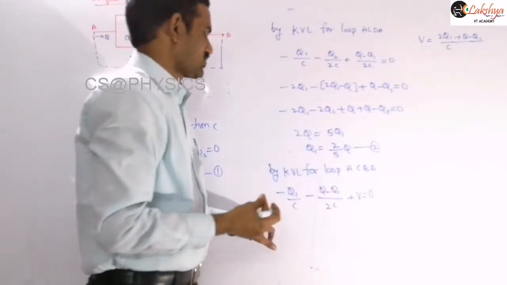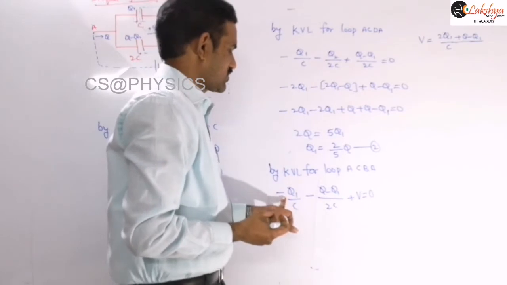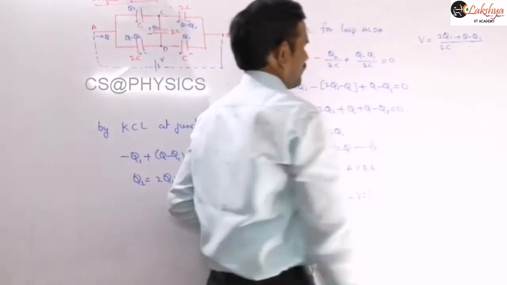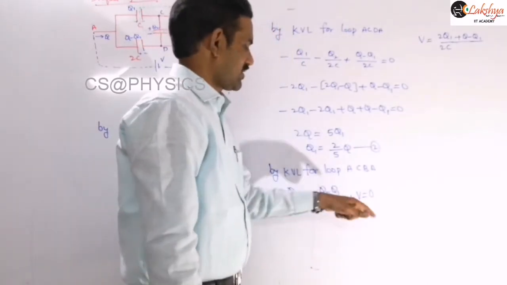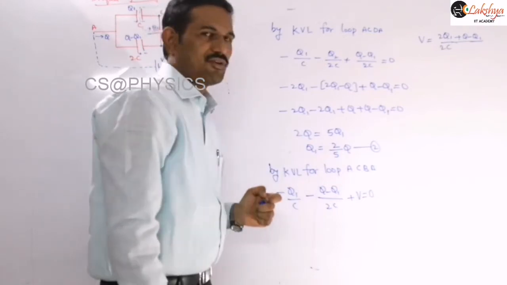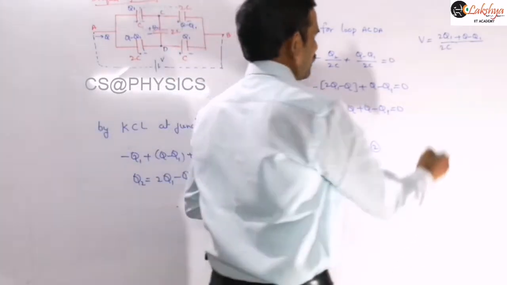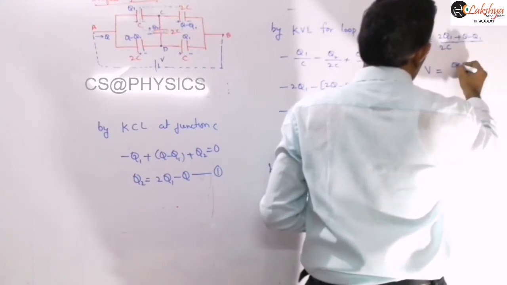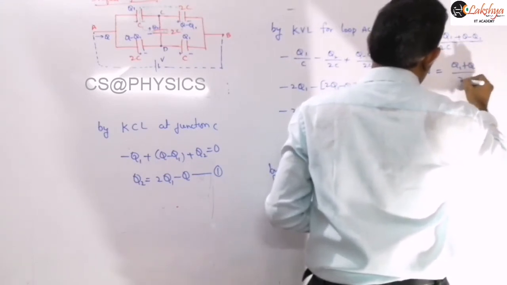When you take the LCM, you will get 2Q1 by 2C here. Then writing this on the other side, this value is plus and this is minus. So that is our equation. You can simplify this as V is equal to Q1 plus Q by 2C.